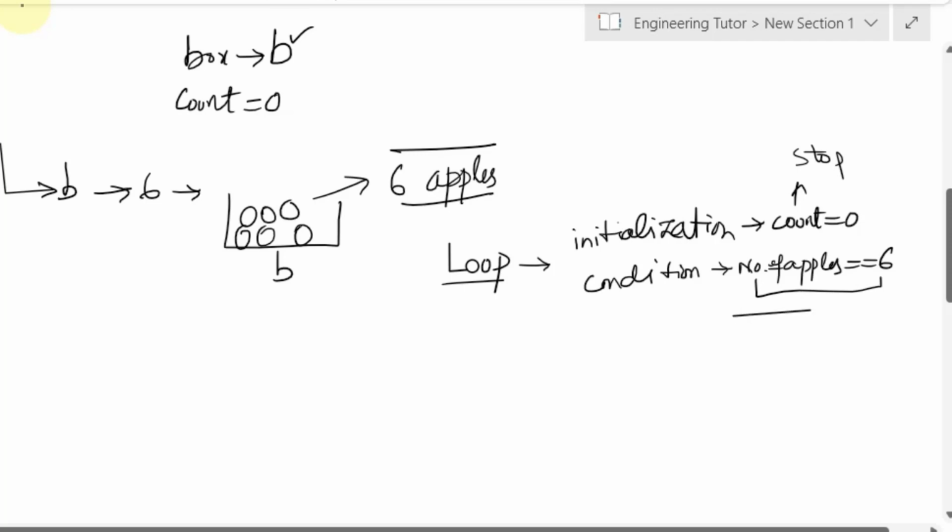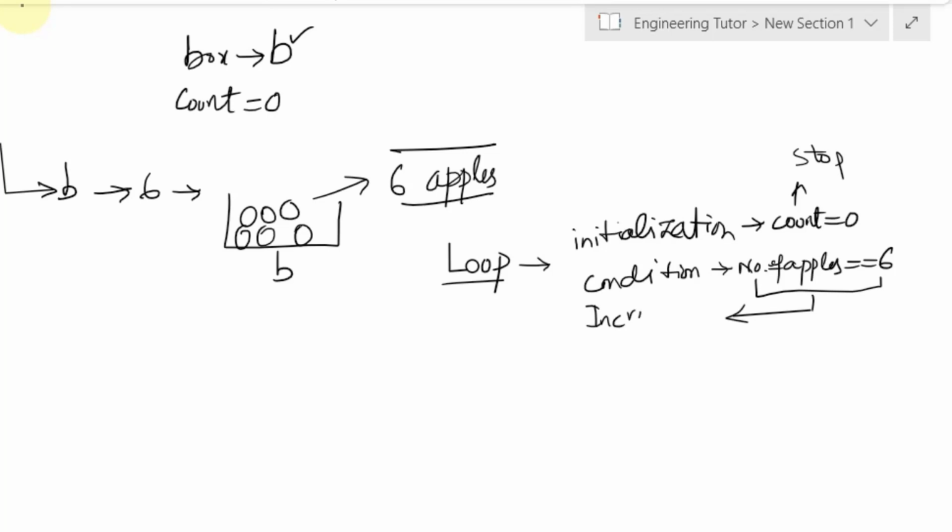If it is not 6, what will happen? There is an operation here, and that operation is the increment operation. This increment operation is used on a counter.